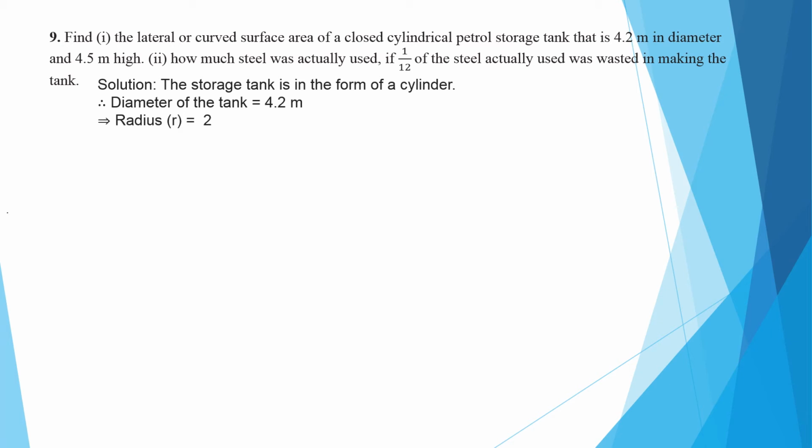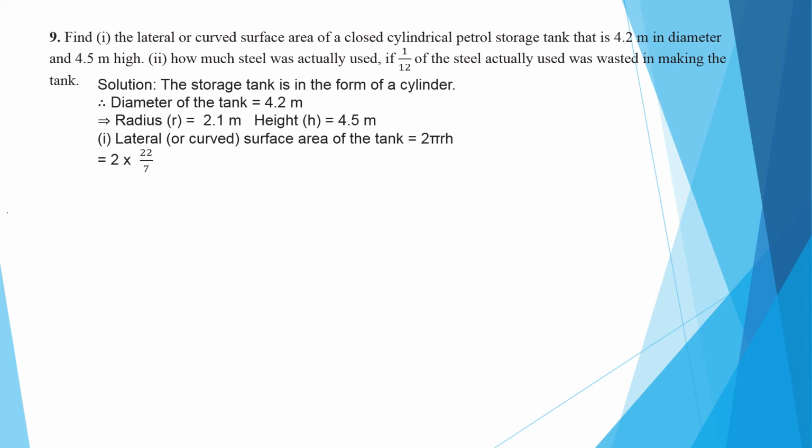So radius will be 4.2 divided by 2, that is 2.1 meter. Height is given 4.5 meter. So lateral surface area is equal to 2 pi rh, that is known as curved surface area also. So 2 into 22 by 7 into 2.1 into 4.5. On calculating, we are getting 59.4 meter square.